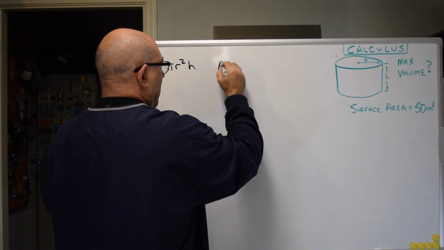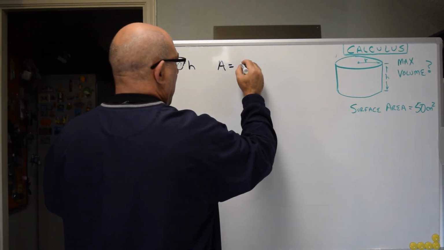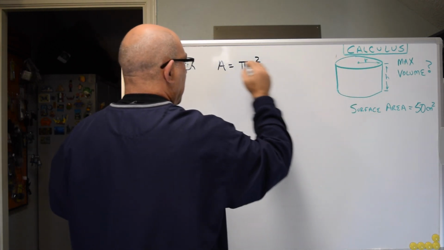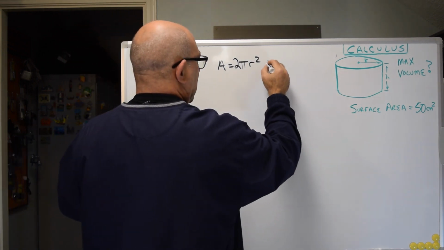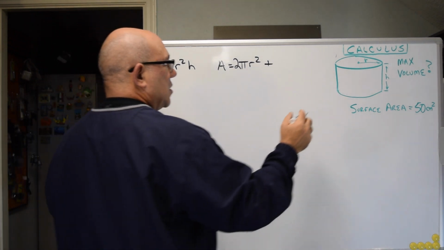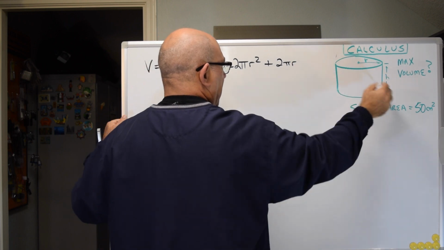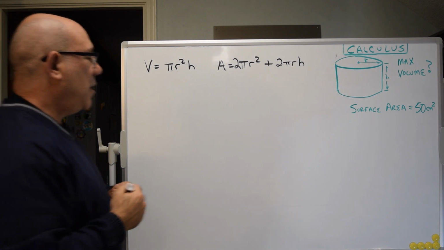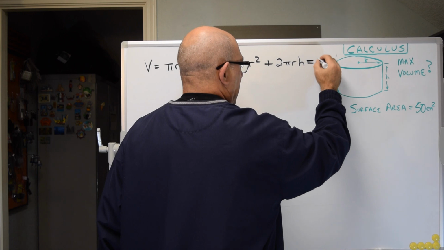And the surface area is going to equal pi r squared, which is the surface area of the top, times 2, because we have to cover the top and the bottom, plus the surface area of the side, which will be the circumference, 2 pi r, times the height. Okay, so we have two equations now, and we know this one is equal to 50, so we'll put that up here.